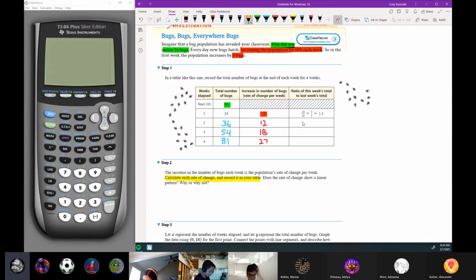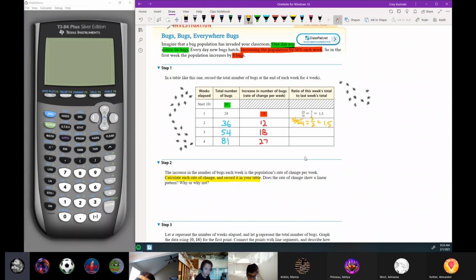So 24 divided by 16. So in this case, we're going to do 36 divided by the week prior, which is 24. That simplifies to 3/2, or 1.5 if we write it as a decimal.